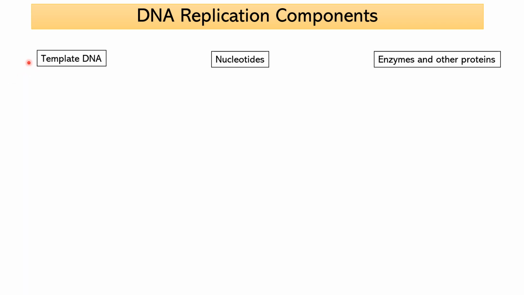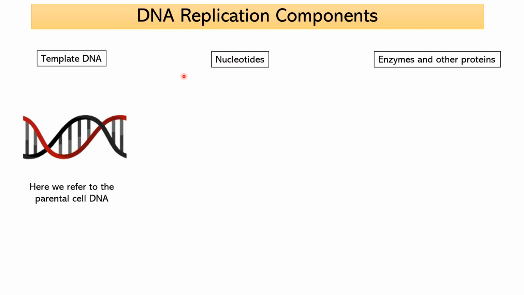Now we need to get introduced to the components involved in replicating our DNA. What we need is a template DNA, nucleotides, and then enzymes and other proteins. These are the 3 main components important for carrying out DNA replication. When we say DNA template, we are referring to the parental cell DNA that we need to copy from.